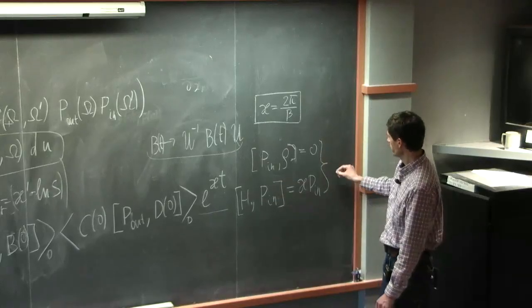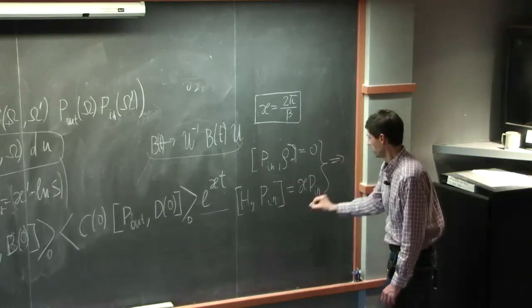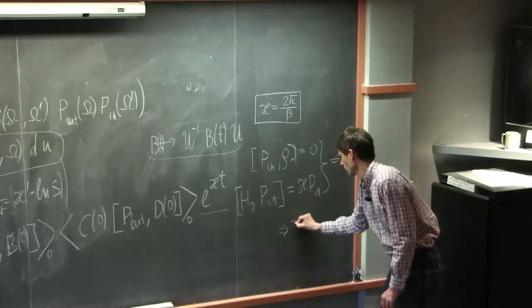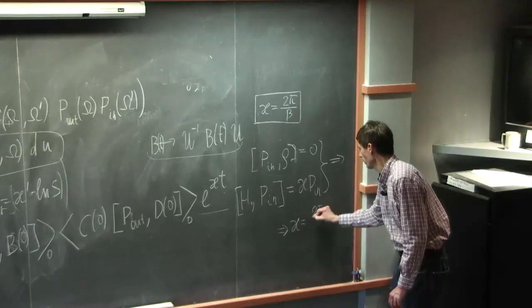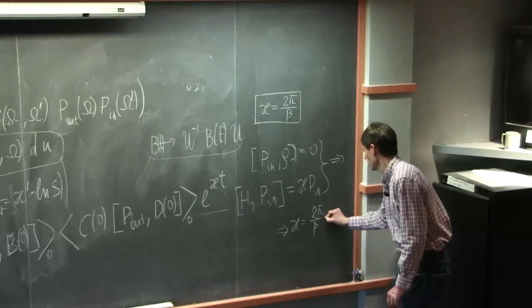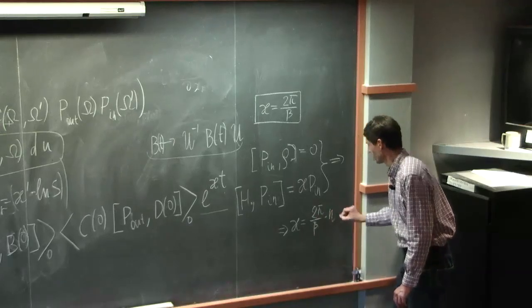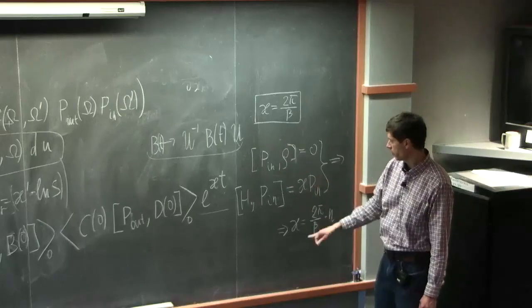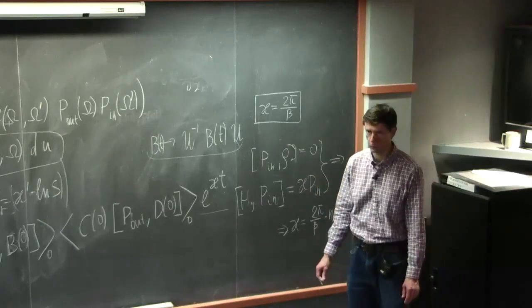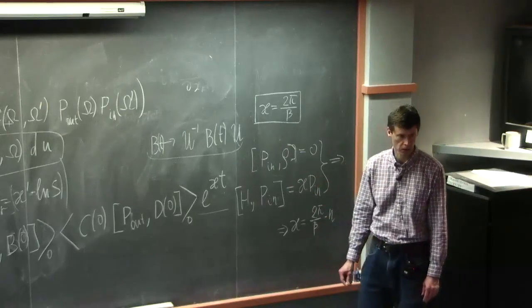From these two equations, it follows that kappa is 2 pi over beta times some integer. In the black hole, this integer is 1. I don't know, maybe some more general models.